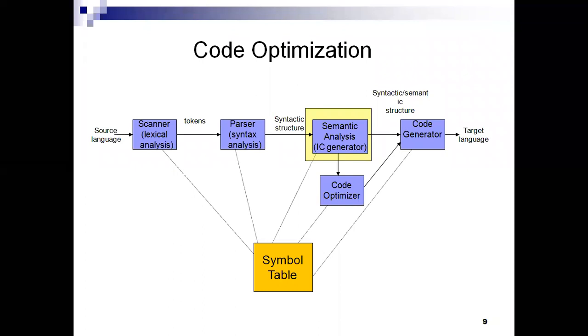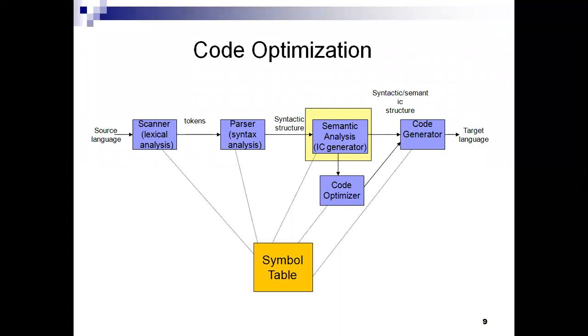And then semantic analysis. There itself I explained the intermediate code generator, and the code generator. Finally, from the three phases, semantic analysis, intermediate code generator, and the code optimizer, we generate the IC structure, that means intermediate code structure, in the form of an intermediate language consisting of a set of translation statements.